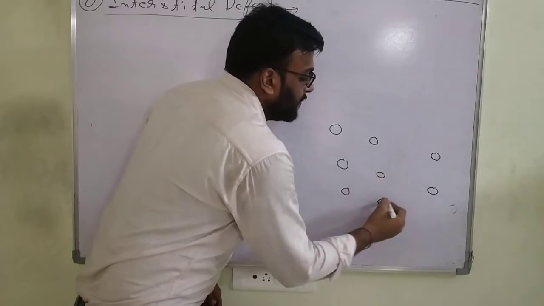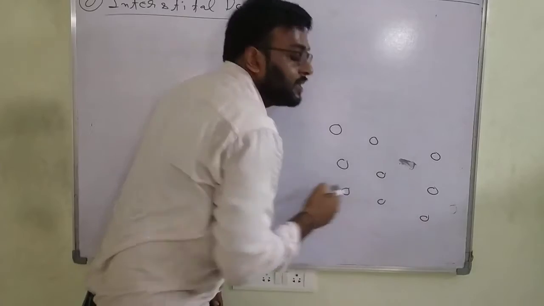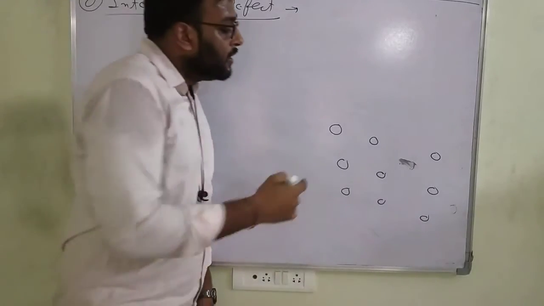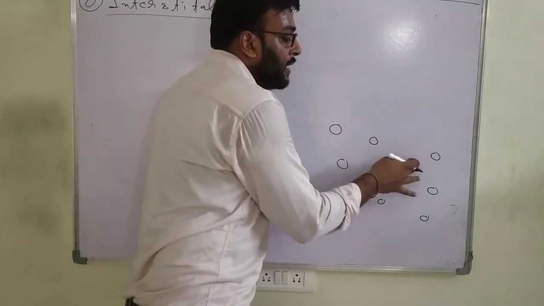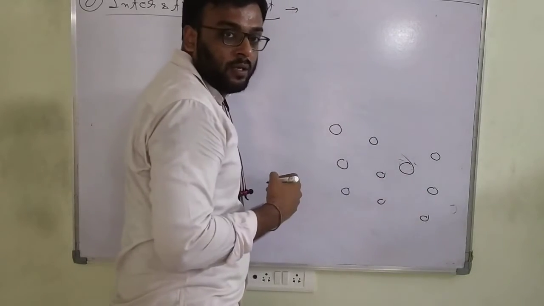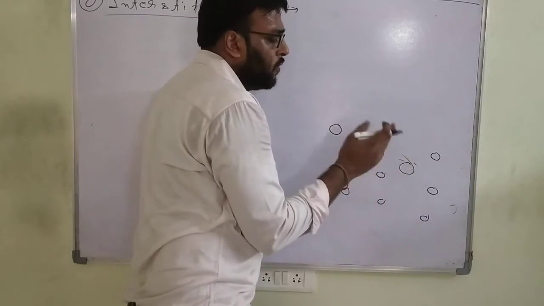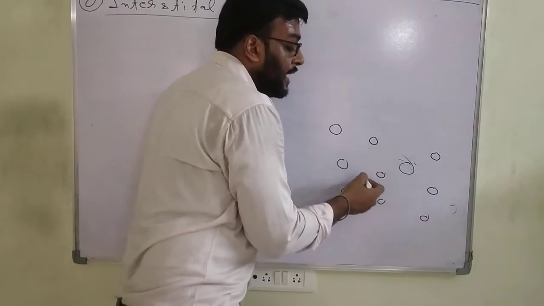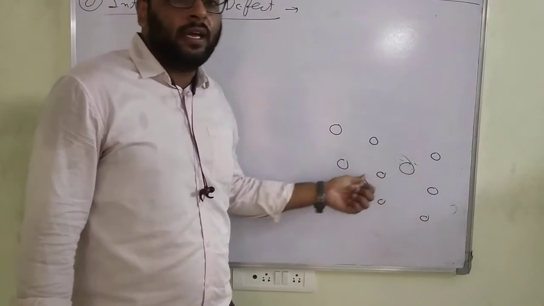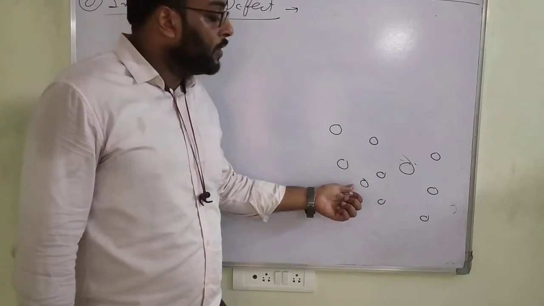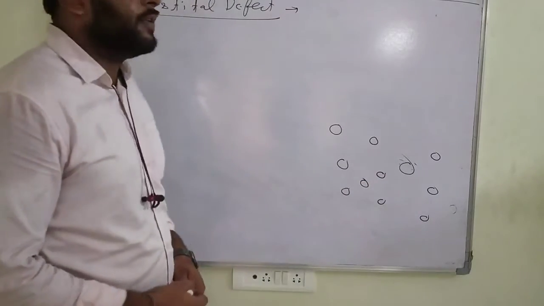There is a space between the particles, the voids, the vacant space also. If any other particle from the same molecule or atom is available at the interstitial site, it represents the interstitial defect.